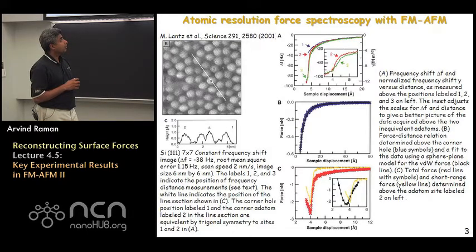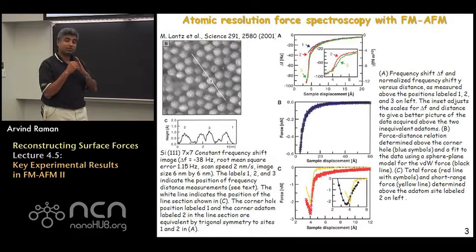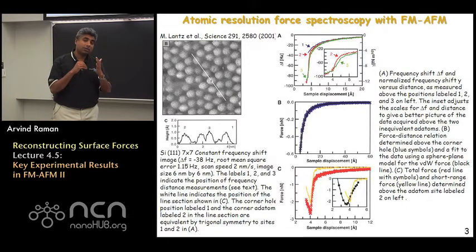Remarkably, there's definitely a different signature of the frequency shift versus Z on the hole or on the defect. And one can also tell in the inset on the top right that the frequency shift versus Z has a different signature for sites 2 and 3. So this was a very exciting result when it first came out.